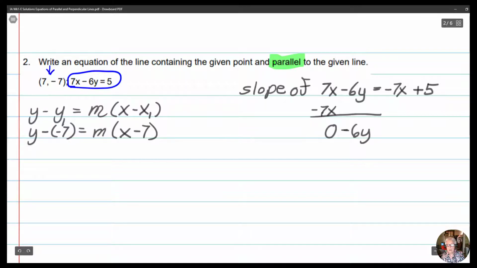So you'll have 0 minus 6y equals negative 7x plus 5. Okay? Why did I do that? Because 0 minus 6y is negative 6y. That way I don't make a sign error.